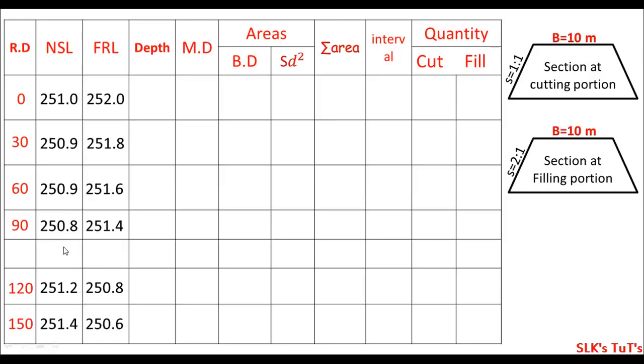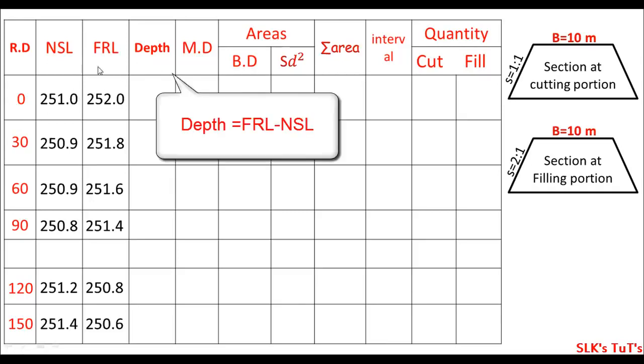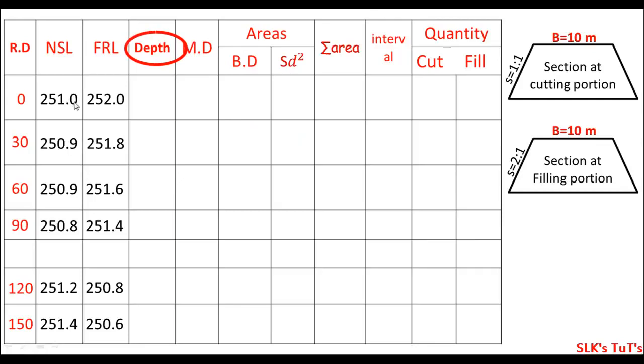Now from here, the calculation will start. The first thing I need is the depth at each RD, right? So the depth can be taken if we subtract NSL from FRL. So 21.0 minus 20.0 equals 1.